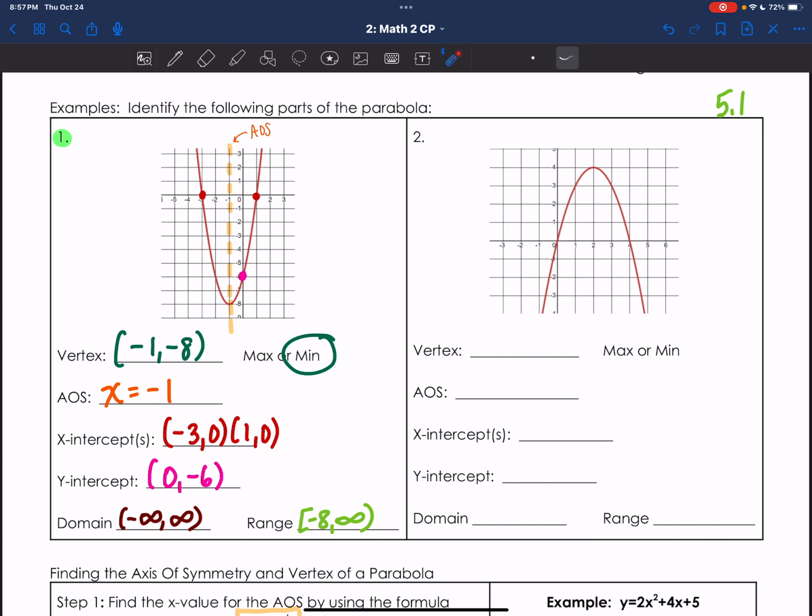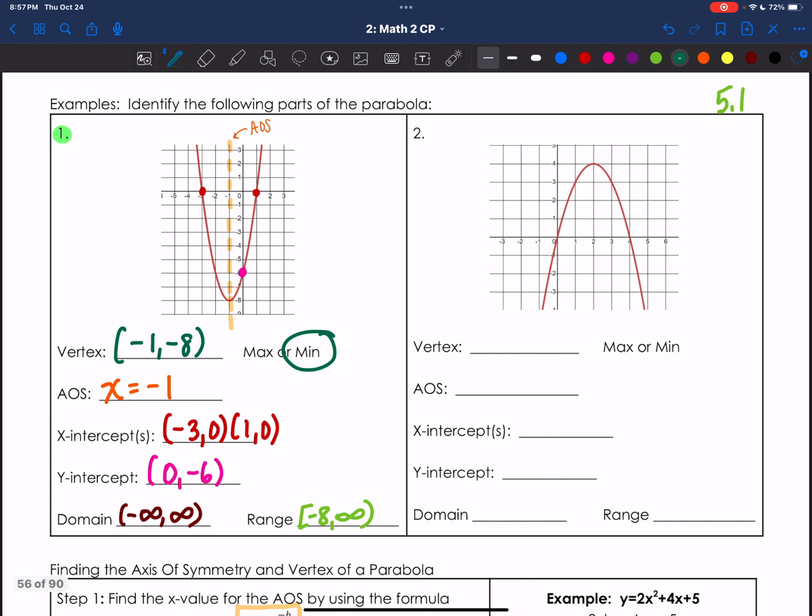For number 1, I already plotted the axis of symmetry, and that equation is x equals -1. Now your vertex, I didn't put the vertex in, your vertex is going to be right here.